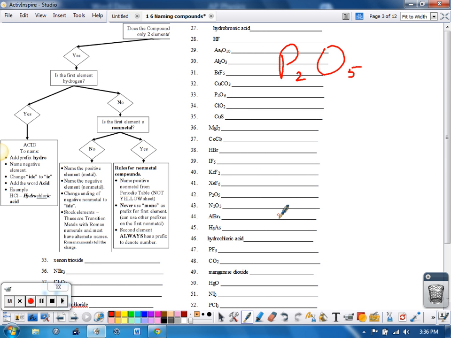P2O5. Does the thing start with hydrogen? No. Is it a metal? No. Is it a non-metal? Yes. Since it's a non-metal, we look it up on the where? Where do we look it up? The periodic table. The periodic table says that's phosphorus.